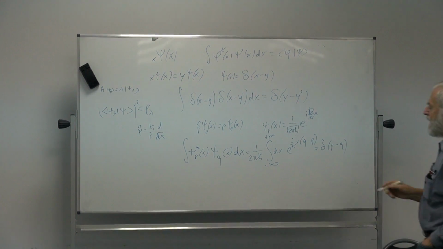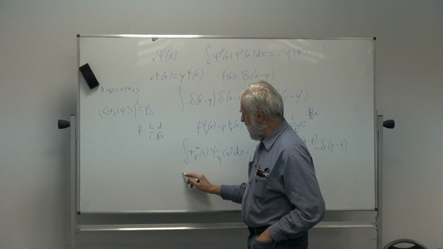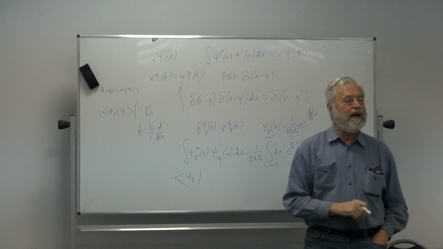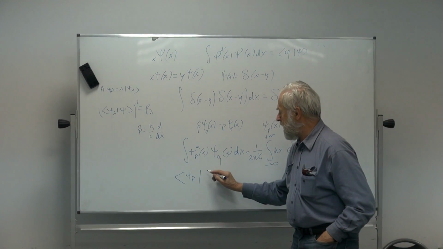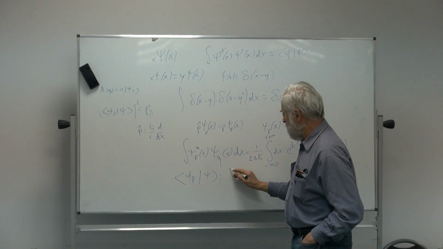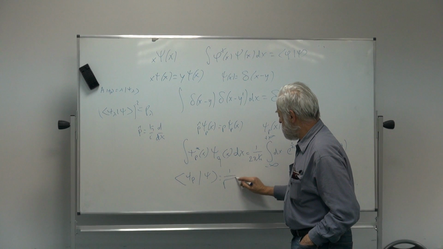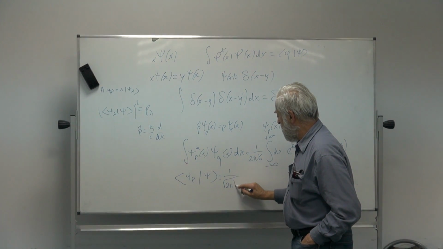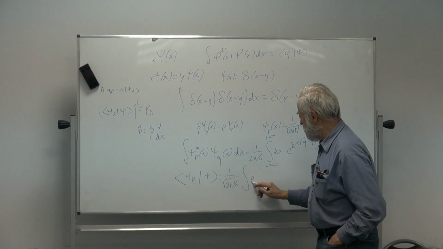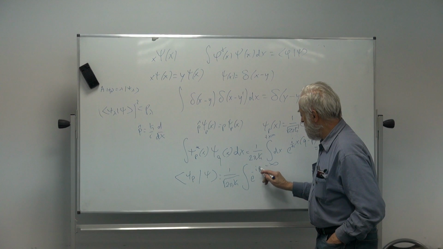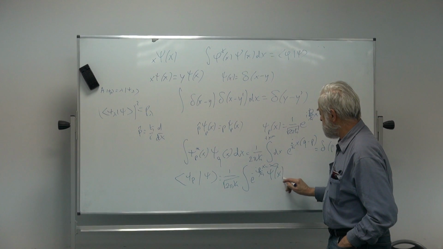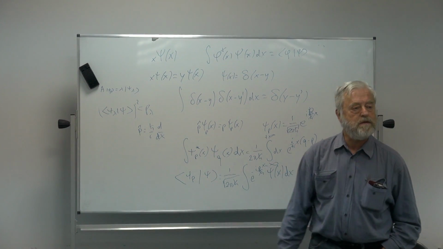Right? Now, what if I take a scalar product of a momentum eigenvector with some function psi? Well, by applying what I had here, it is 1 over the square root of 2 pi h bar times the Fourier transformation, e to the minus i p x over h bar, psi of x dx.